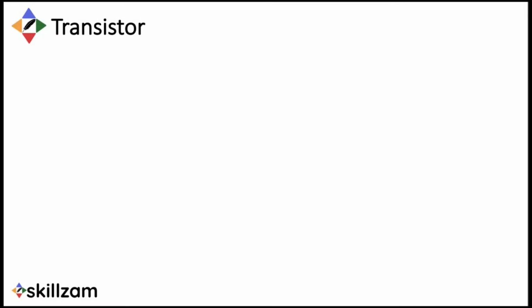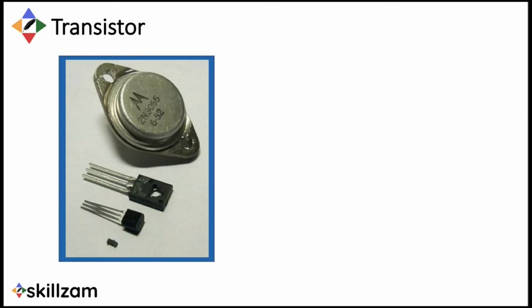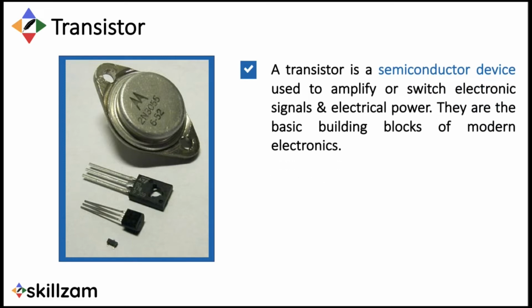Transistors. In 1948, the world advanced by the birth of transistors, an event that forever changed the course of computers and electronics. A transistor is a semiconductor device used to amplify or switch electronic signals and electrical power.